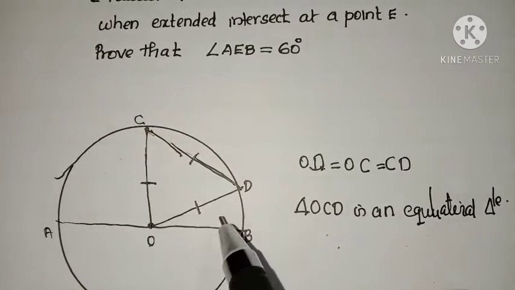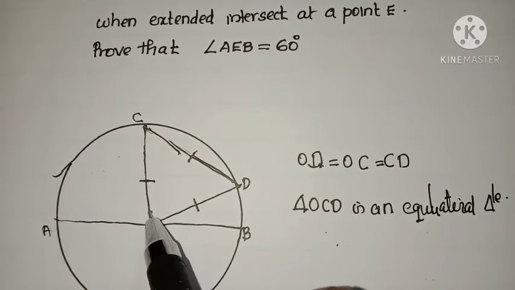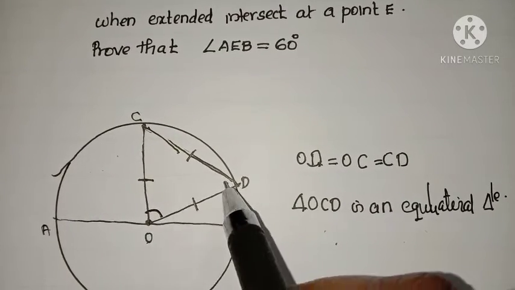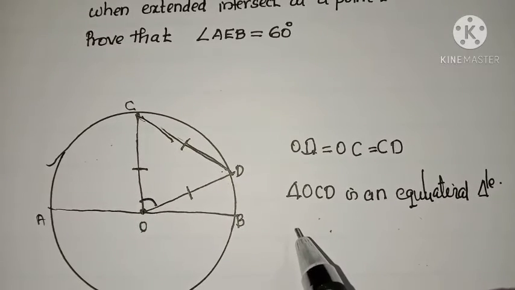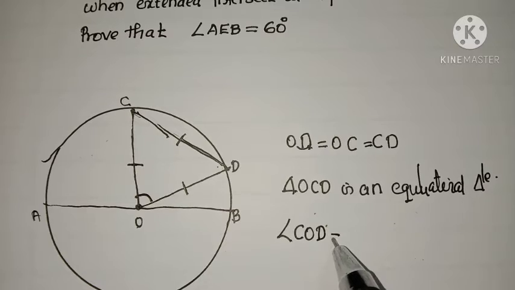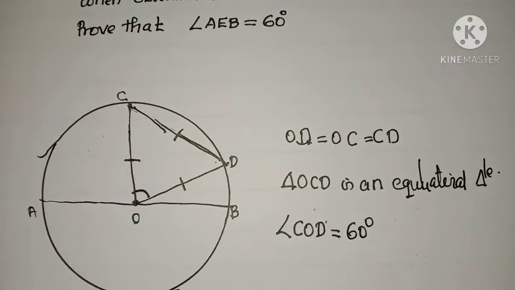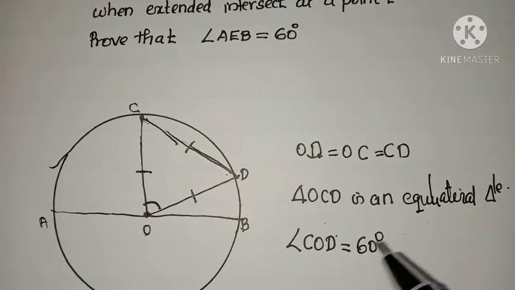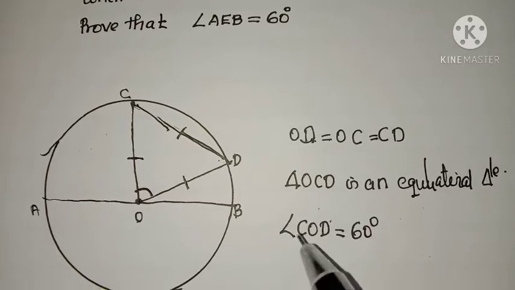If COD is an equilateral triangle, what is each of the angles? Each of these angles is equal to 60 degrees. So angle COD is equal to 60 degrees.